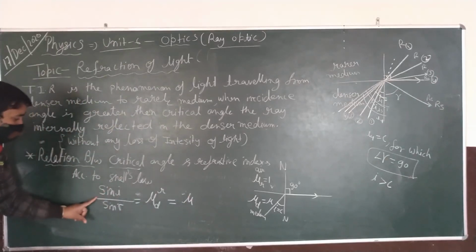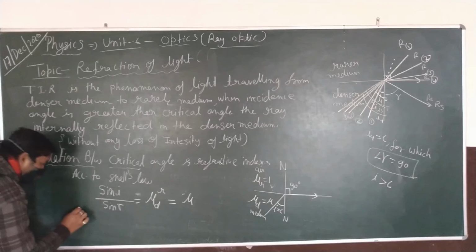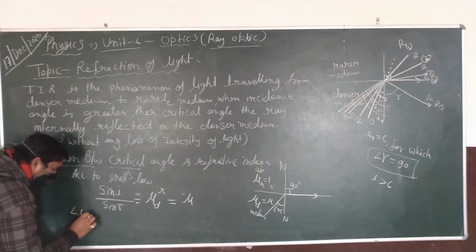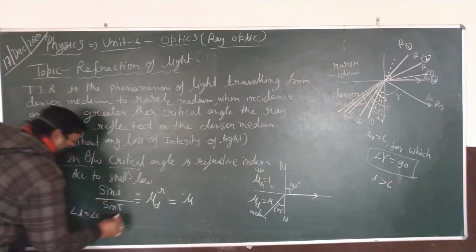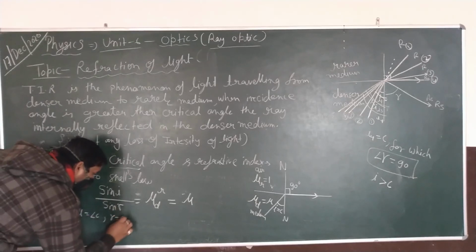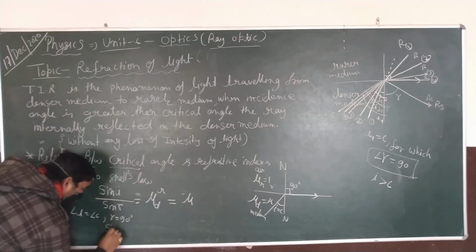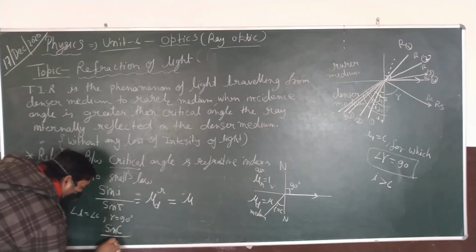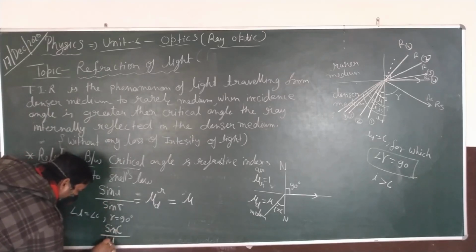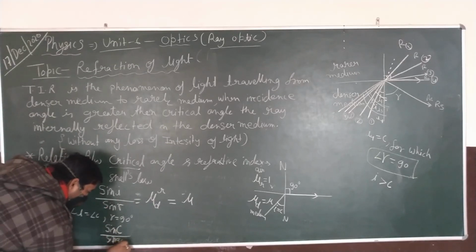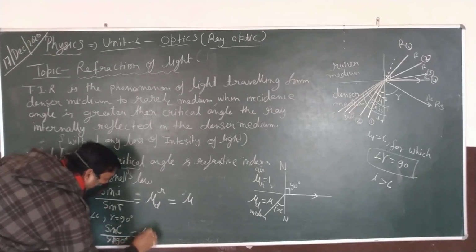Therefore, we have angle I equal to angle C and angle R equal to 90, and from the figure we get sin C upon 1, or sin 90, equal to mu.